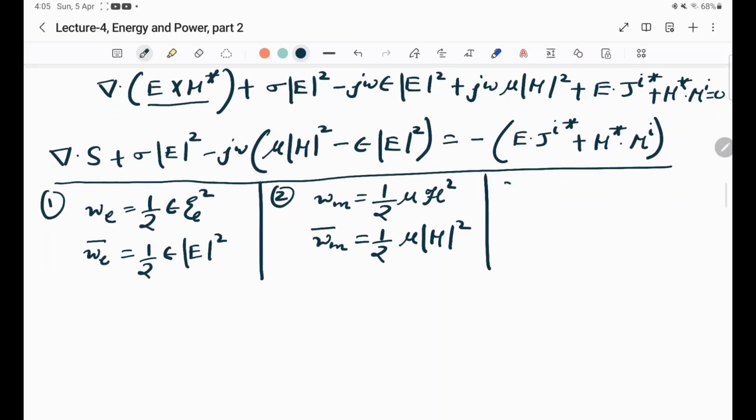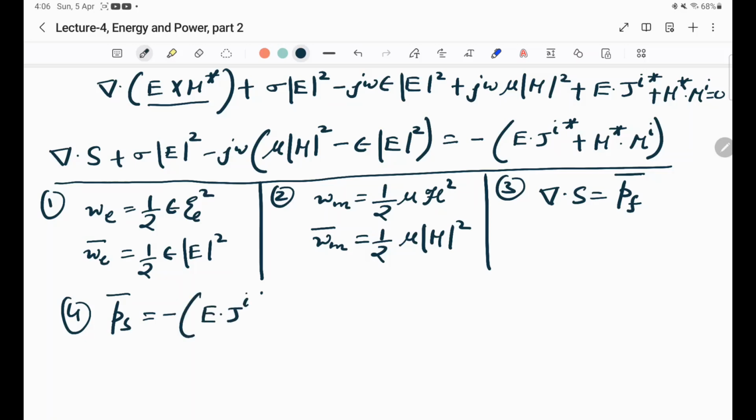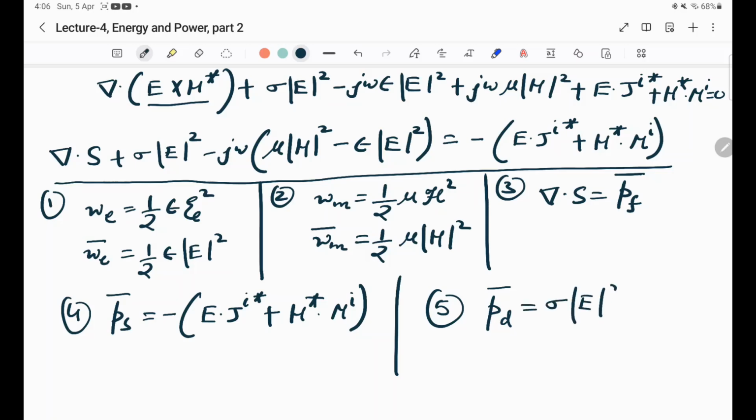And the third definition will be del dot S is equal to Pf bar, and the fourth definition is Ps is equal to negative of E dot Ji conjugate plus H conjugate dot Mi, and the fifth definition will be Pd bar is equal to sigma mod of E whole square.